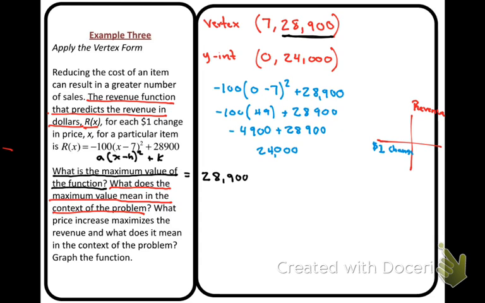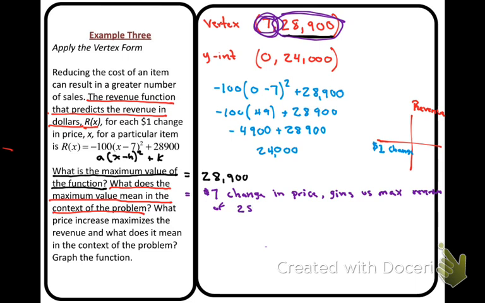So remember, x means dollar changes, so this is $7 that changed, gives us a maximum revenue of 28,900. So a $7 change in price gives us max revenue of $28,900.